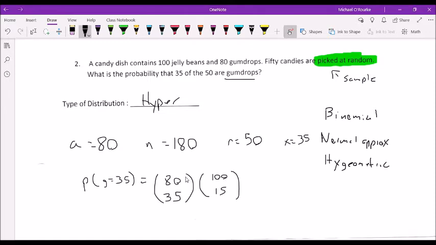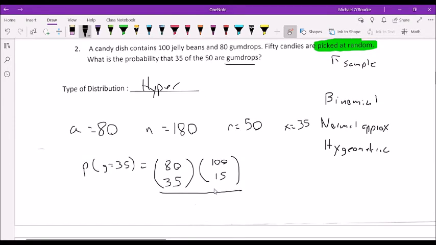A over X and 180 minus 80, yeah. So what's my item of interest? I have 80 total, I have to pick 35 out of it. Then how much do I have left over? I have 100 left over, I need 15 out of those. Does that make sense in your head? Then my total would be 180 over 50, because that's all my options.